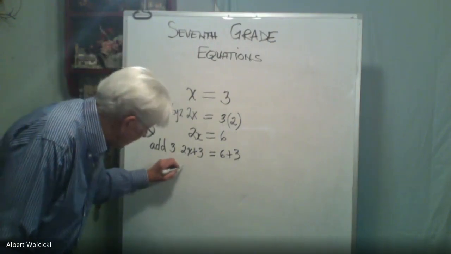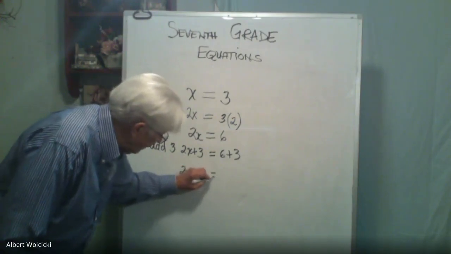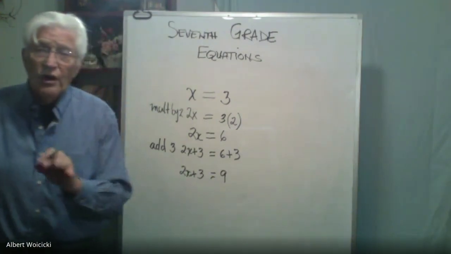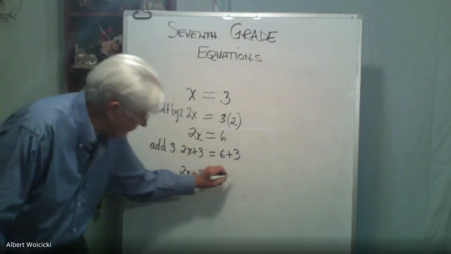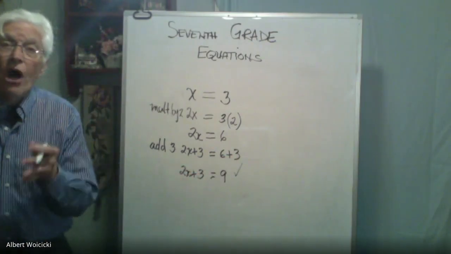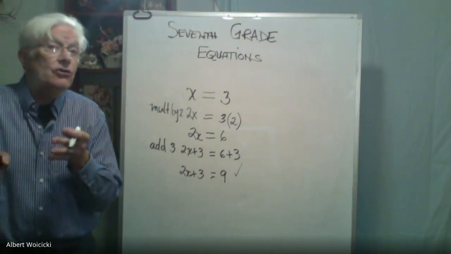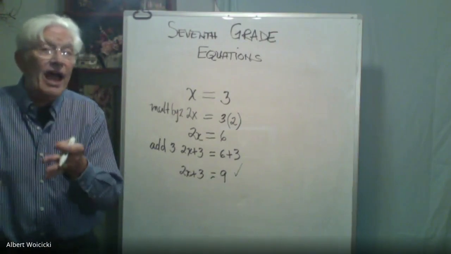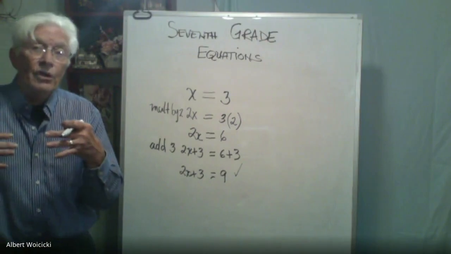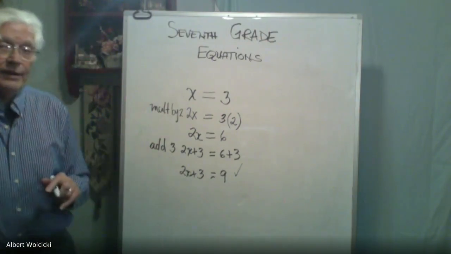That gives me 2x plus 3 equals 9. So my equation could have started out as this: 2x plus 3 equals 9. Solve for x. My job is to undo the things that I have to do in order to get back to x equals 3. So let's do that.